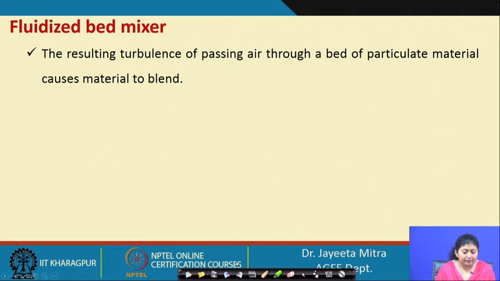The next type of mixer is called the fluidized bed mixer. The resulting turbulence of passing air through a bed of particulate material causes the material to blend properly.